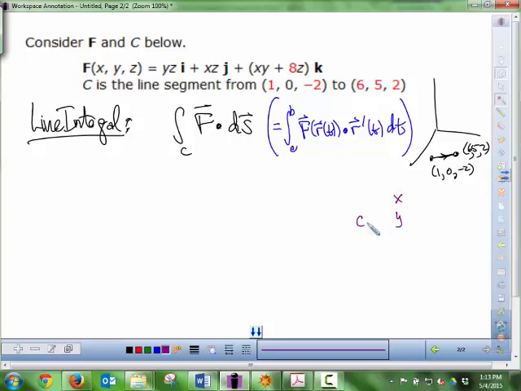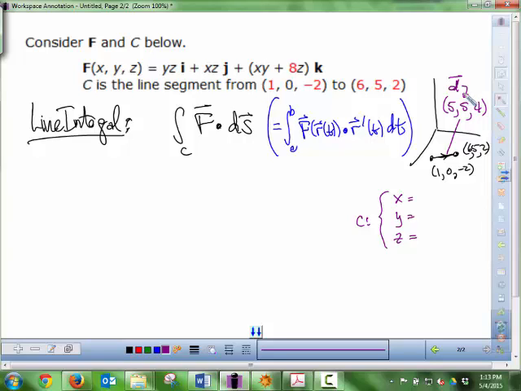So the parameterization for C has three components, x, y, and z. And we can parameterize by finding the vector connecting these two. So that vector is 6 minus 1, 5 minus 0, and 2 minus negative 2. So that's your direction vector for your line segment.